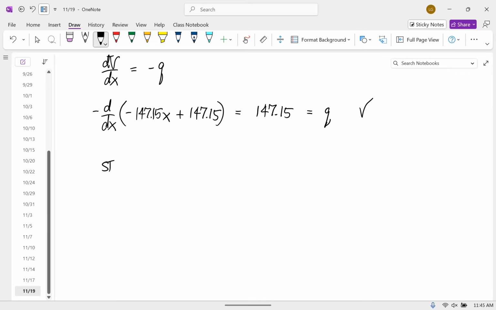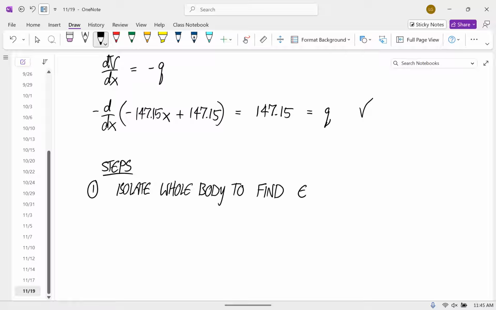Okay, so what are the steps here? First, isolate the whole body to find all the external loads.